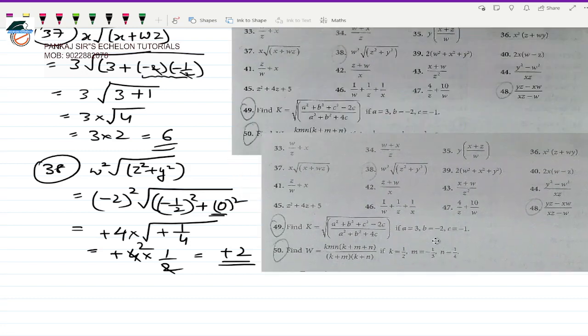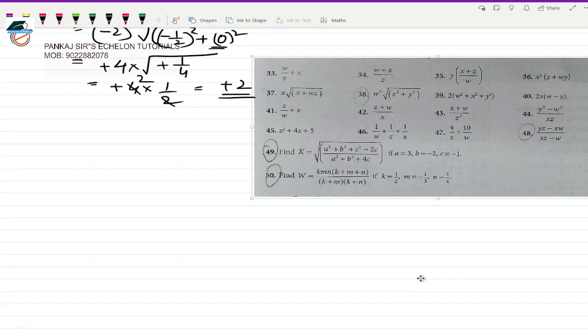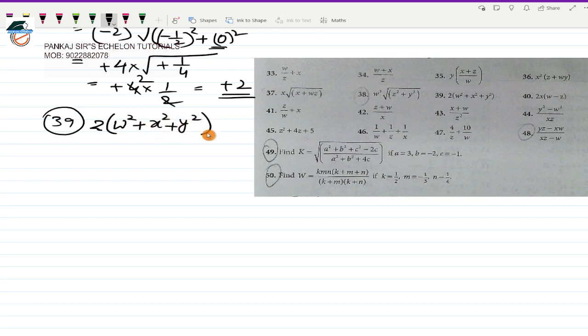Now let us go for the 39th. The 39th question is 2 times w square plus x square plus y square.